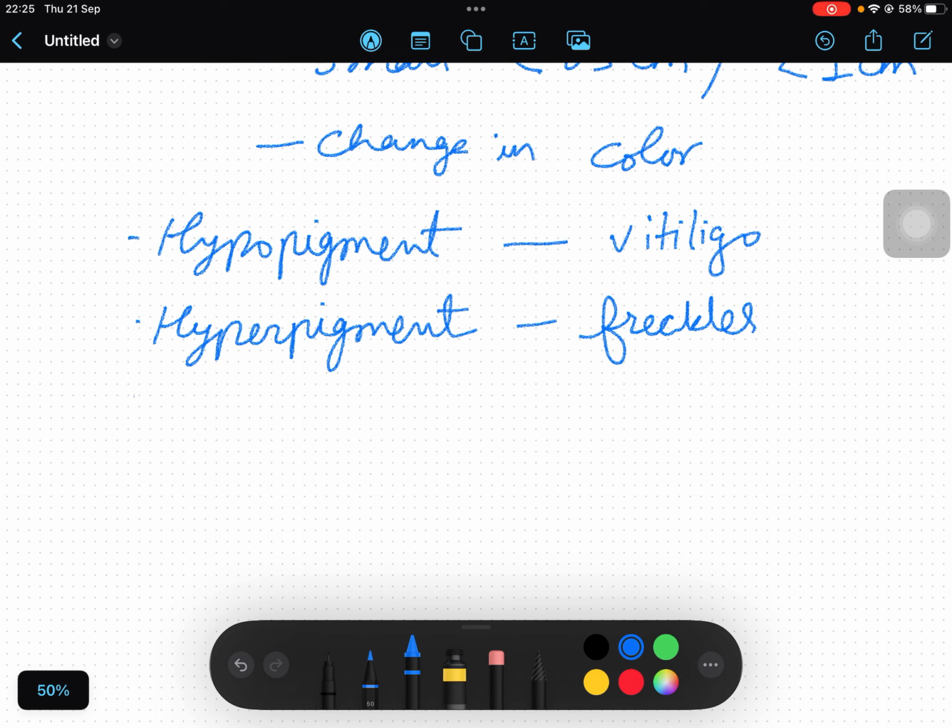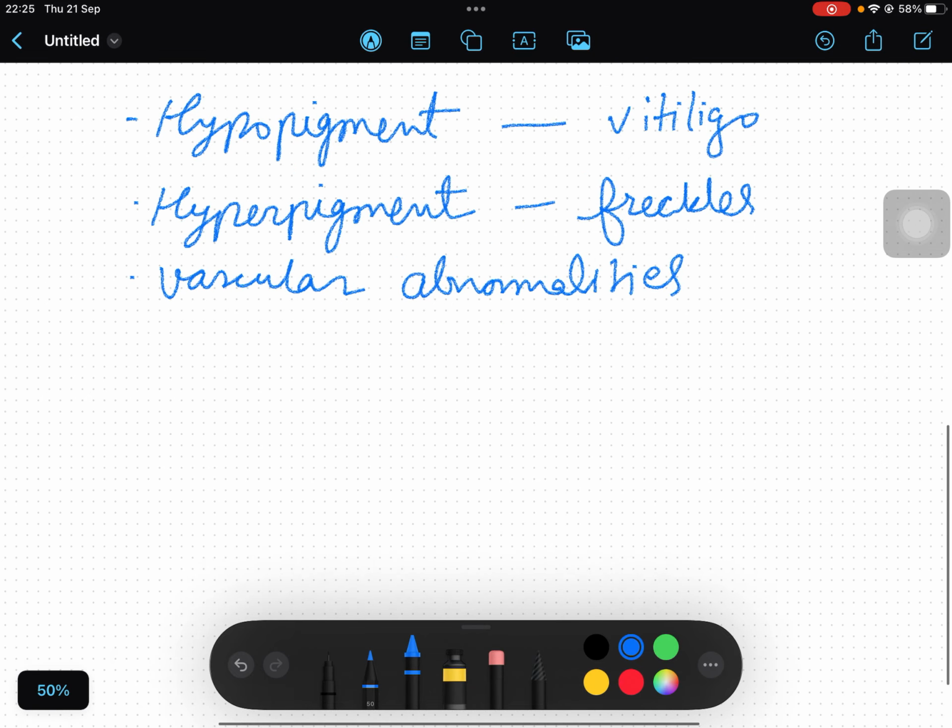Some vascular abnormalities may also result in macules.